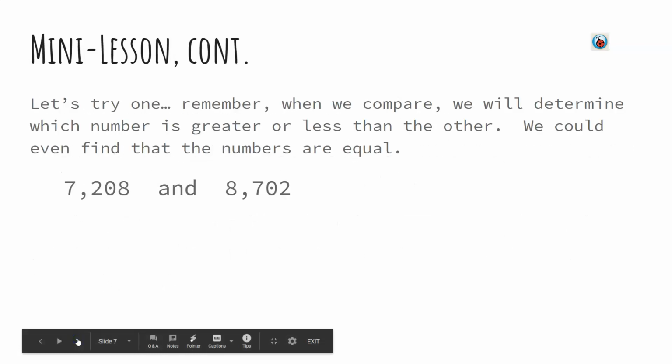All right, for some reason that slide was stuck. Okay, so I'm going to model this for you in just a second. Let me read the words out to you. All right, so we're going to try one, and we're going to remember that when we compare, we will determine which number is greater or less, and we can even find that the numbers are equal. So I'm going to write these numbers down on my paper, and then I'm going to switch to the document camera so that you can see my paper.